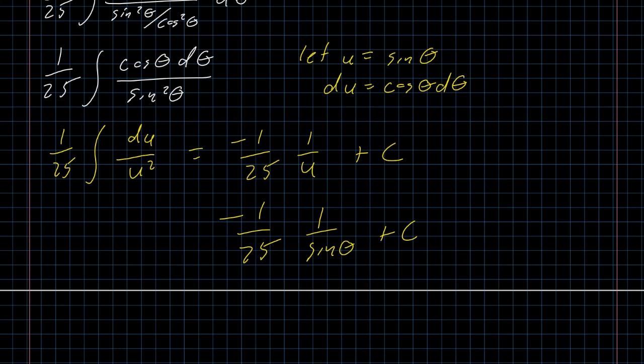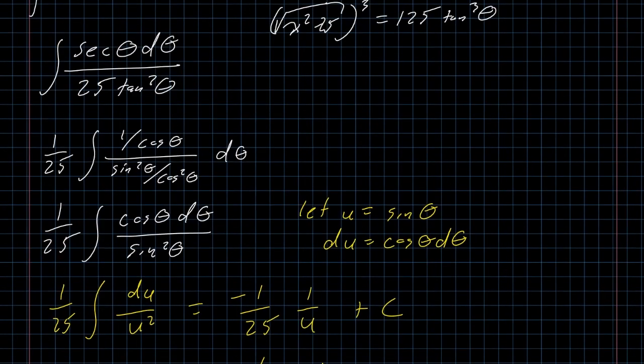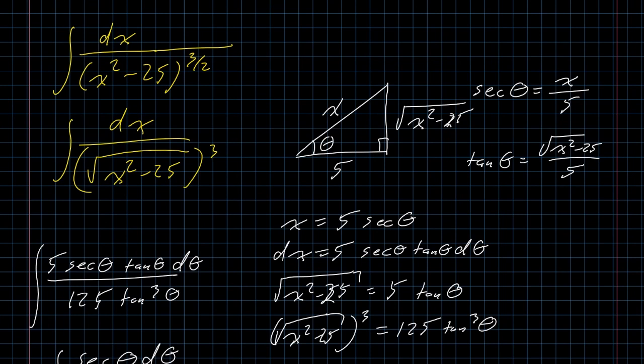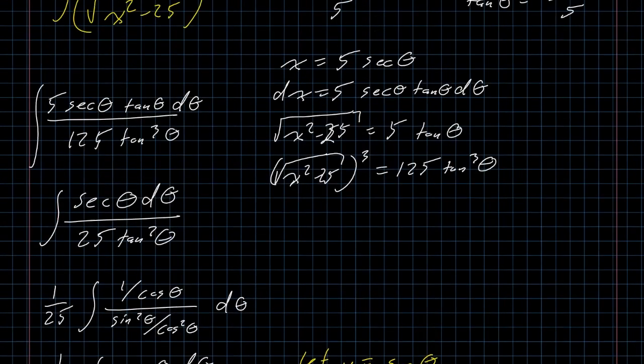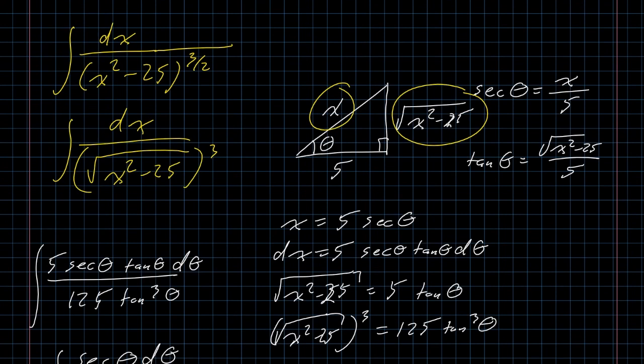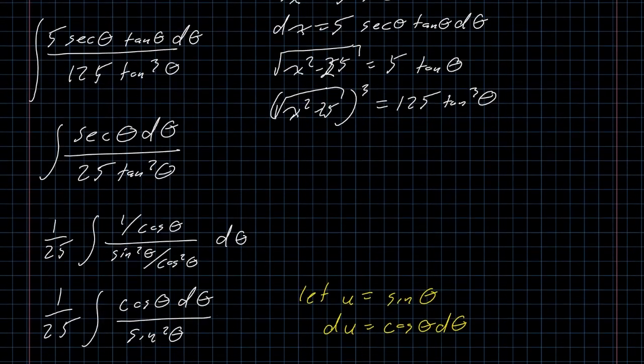I don't have sine theta written down already, but I can go back to my triangle. Sine is opposite over hypotenuse. Here's my opposite, here's my hypotenuse. So it's going to be root x squared minus 25 all over x.